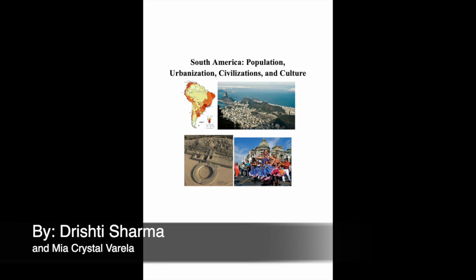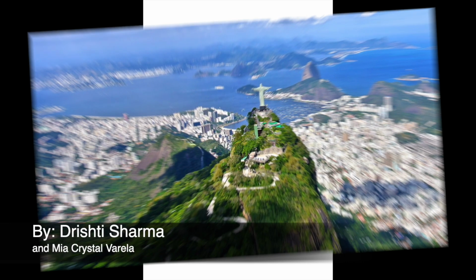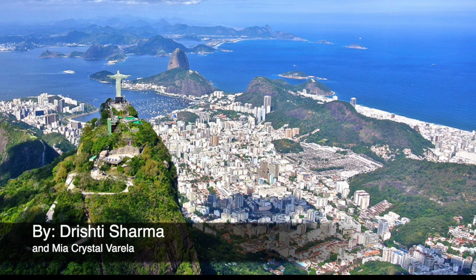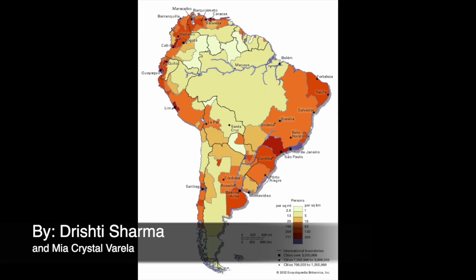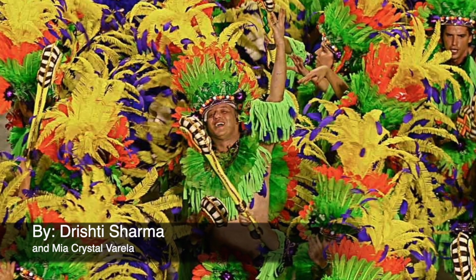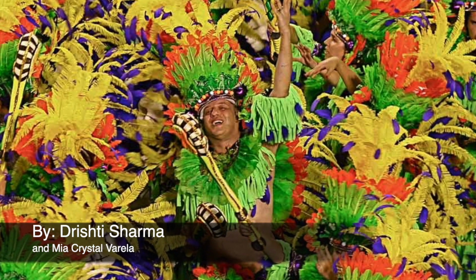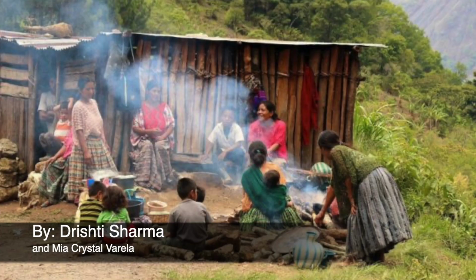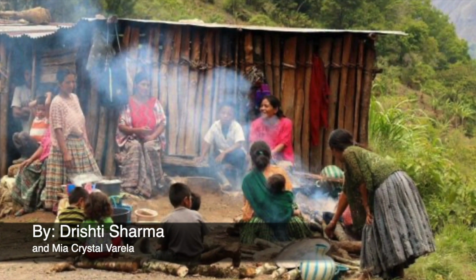Alright, now let's talk about South America: population, urbanization, civilizations, and culture. South America, the fourth largest continent by area, is a diverse region known for its rich history, cultural heritage, and vibrant population. It's home to approximately 440 million people who live across a mix of bustling metropolises and remote, sparsely populated regions.